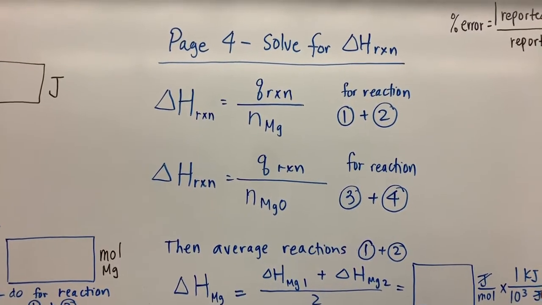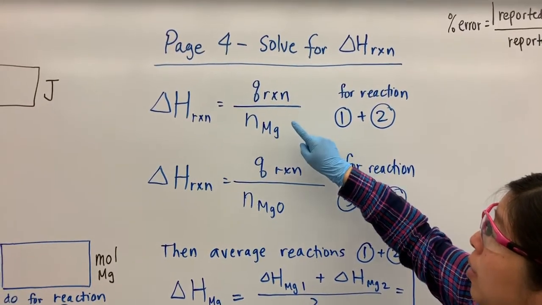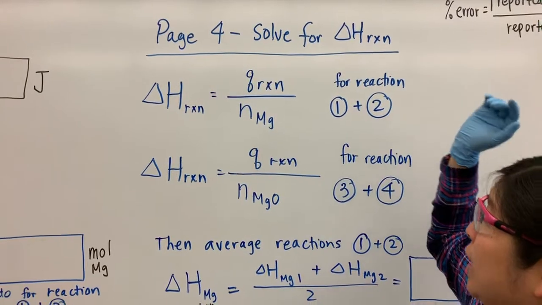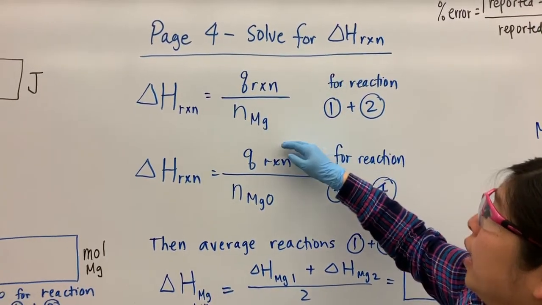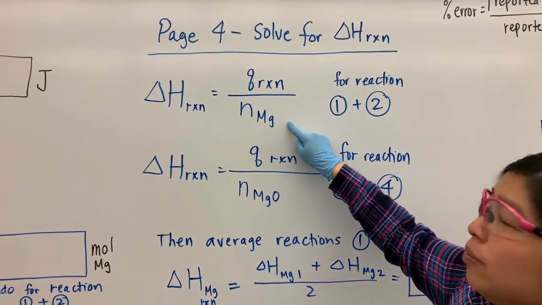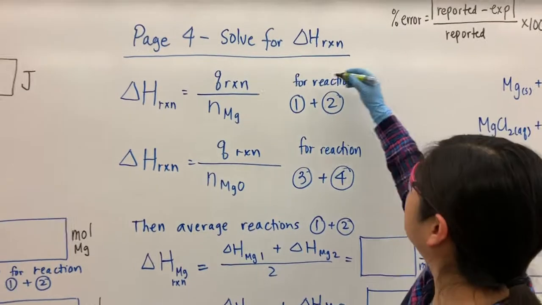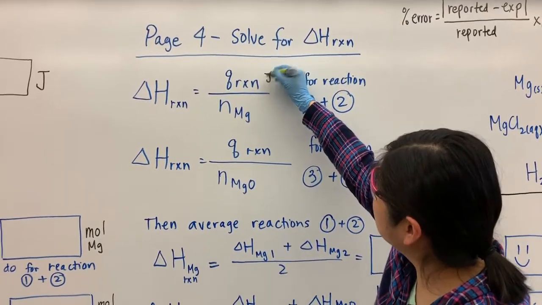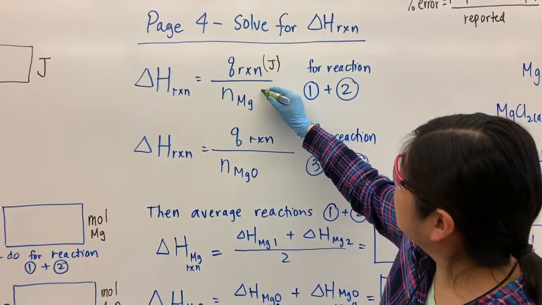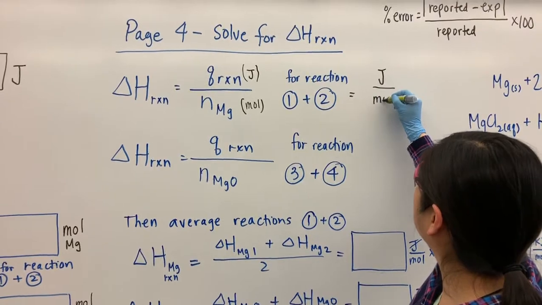So what you're going to do is you're going to go Q of reaction 1 divided by the moles from reaction 1. That's a number. You're going to write it down. Again, you're going to get Q of reaction 2 divided by moles of magnesium from reaction 2. And again, because Q is in joules, and n is in moles, your answer here should be in joules per mole.